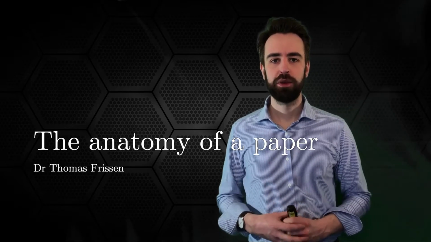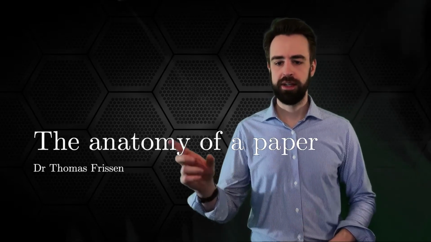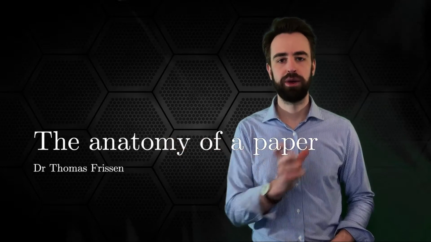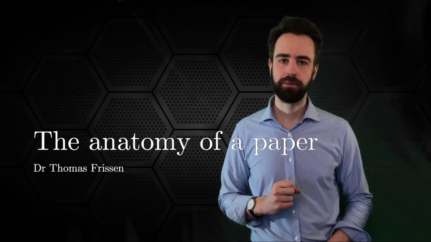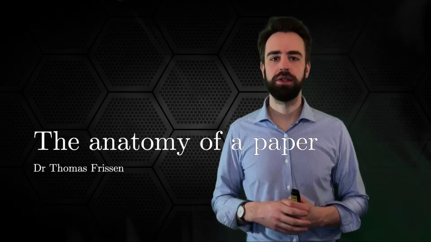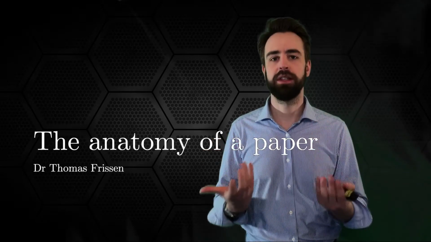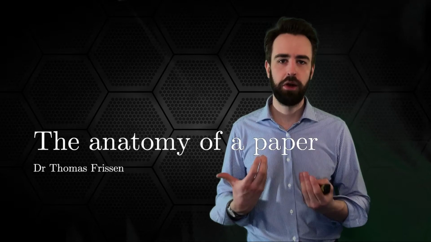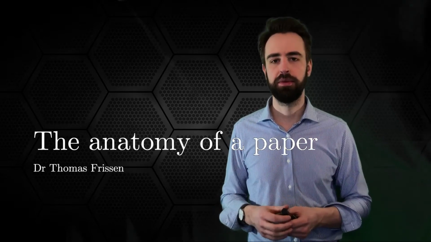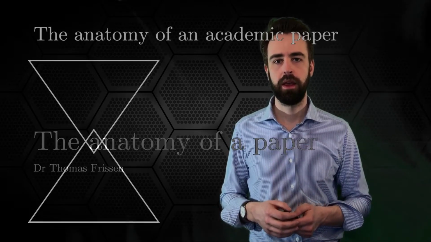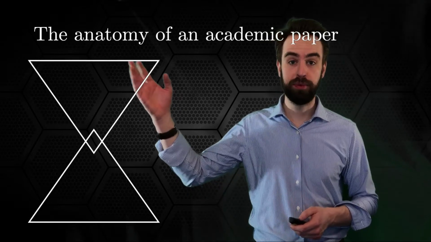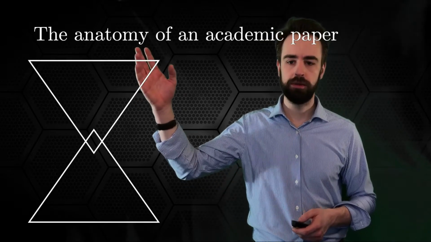Okay, so welcome to this video on the anatomy of a research paper. Now, as you probably noticed throughout your studies, most scientific articles follow a ridiculously simple structure. They start relatively broad and general.